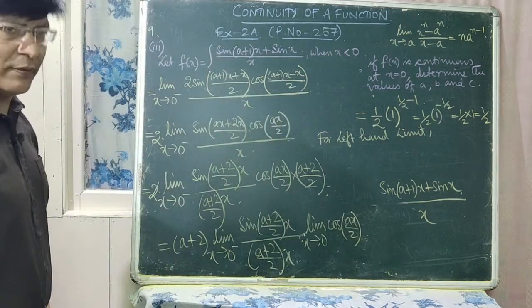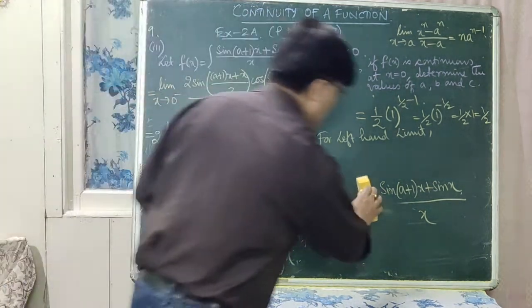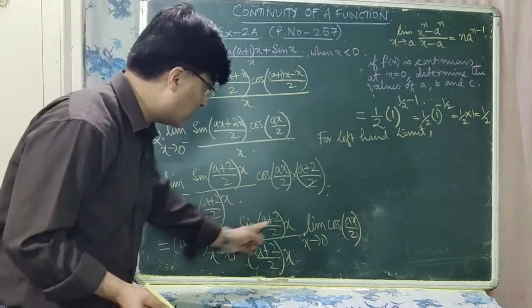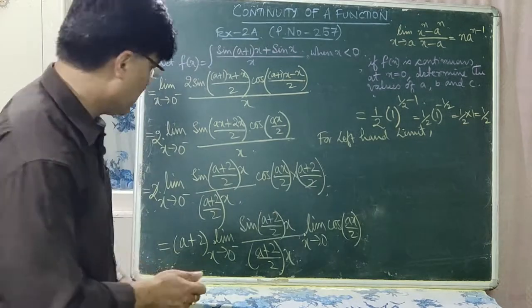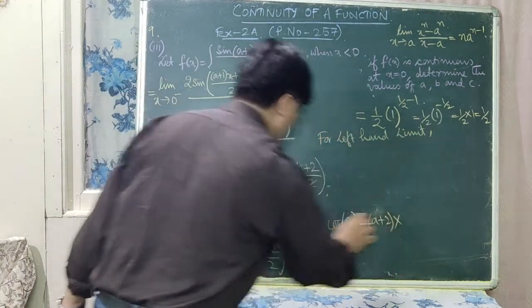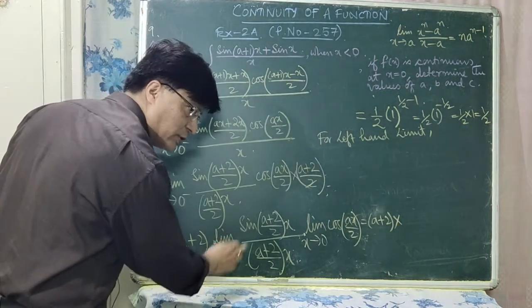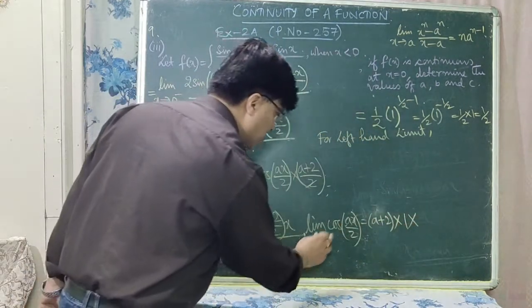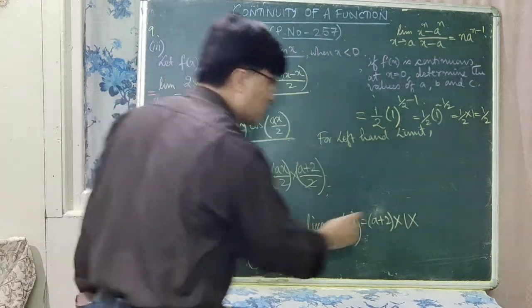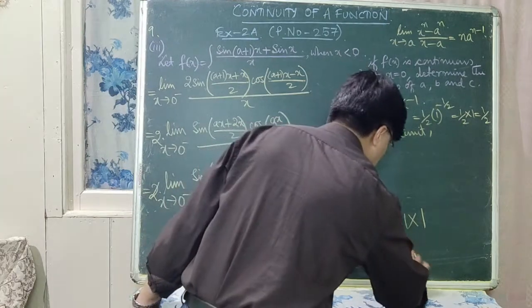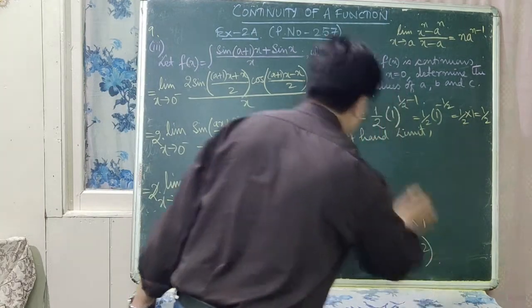So I think you have understood it. Now in the next step, what will you do? This is the standard limit. This is also the standard form. So which is equal to a plus 2 into, this is just like limit x tends to 0 sin x by x, which is equal to 1, into, what is limit x tends to 0 cos ax by 2? That is cos 0, which is equal to 1. So which is equal to a plus 2.